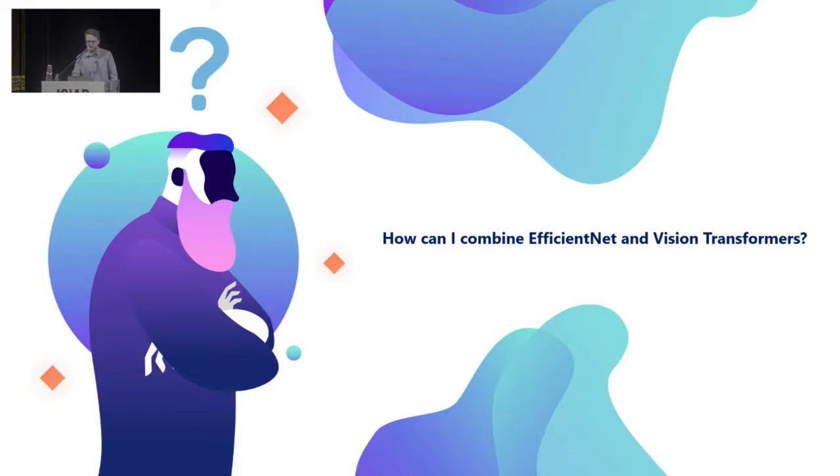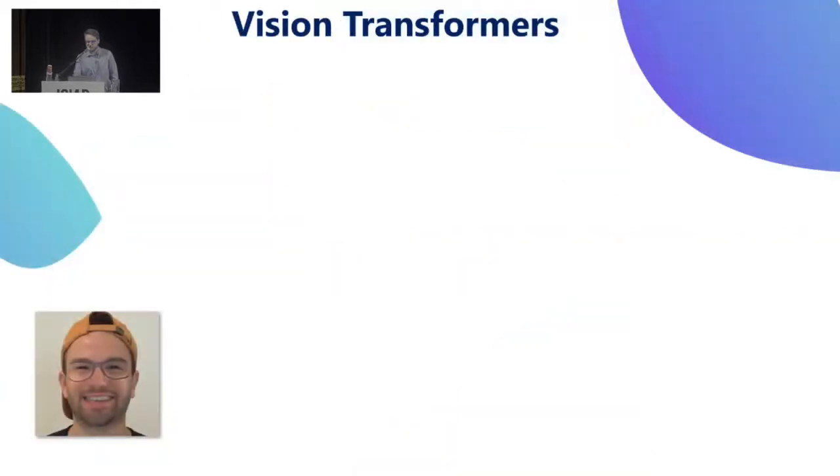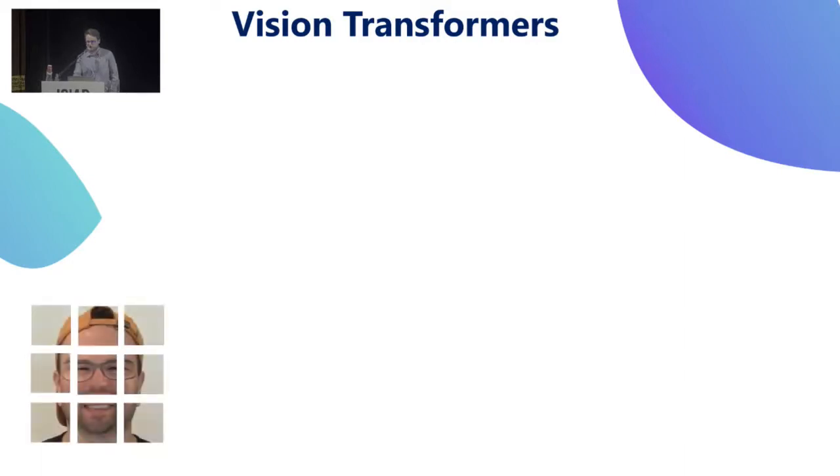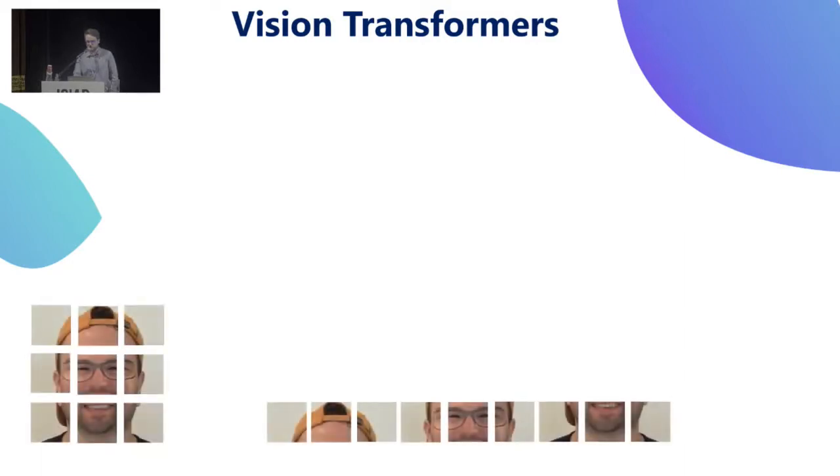To do that, we decided to combine them using EfficientNet as a patch extractor. What does it mean? This idea starts from the internal mechanisms of Vision Transformers, and in particular, the first step when you want to use a Vision Transformer for classification is to split the image in several patches.